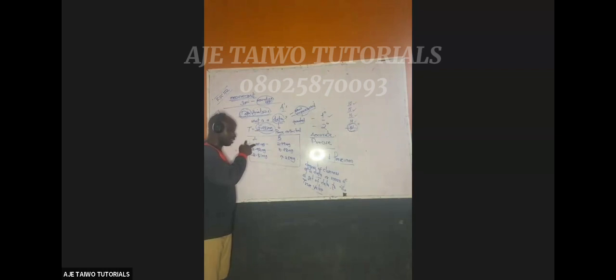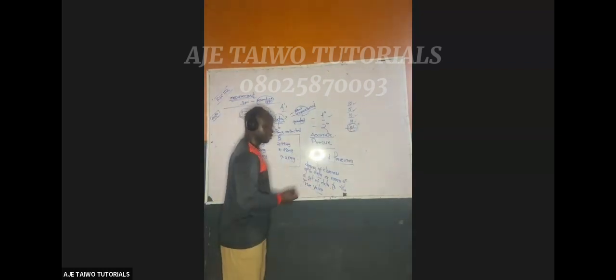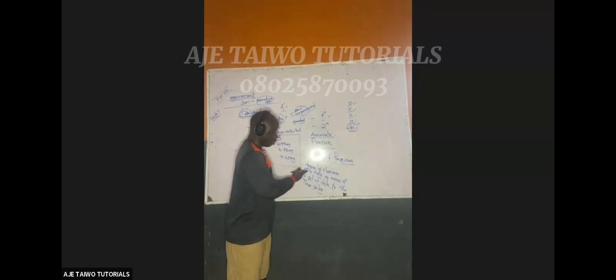Here is the data: 2.84, 2.92. The mean of it will be compared with this, or individually compared with this. That is called accuracy.